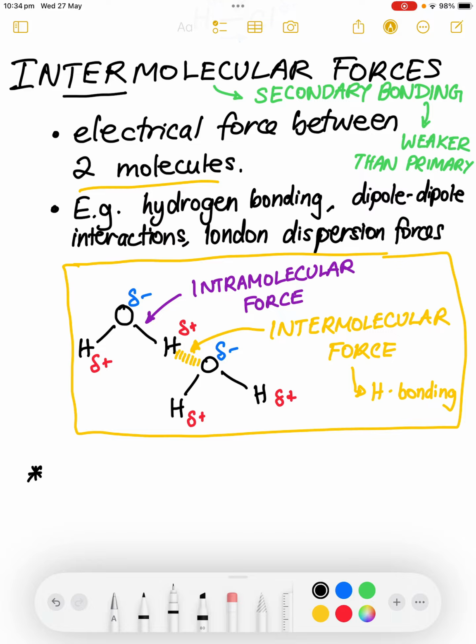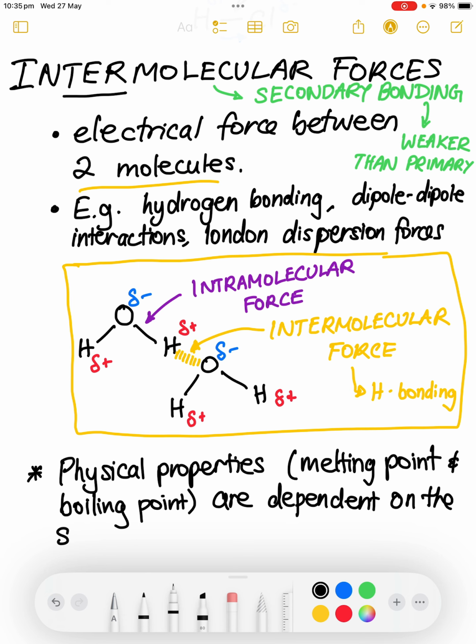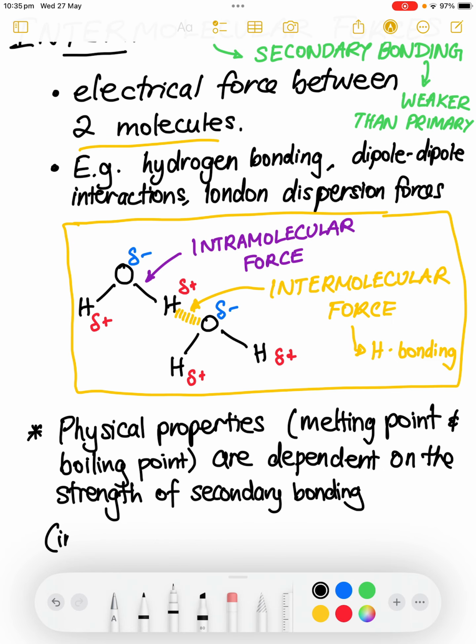I'll just make a little note with a little asterisk here, but physical properties, as I said before, such as melting point and boiling point, are dependent on the strength of secondary bonding, which is known as your intermolecular forces.